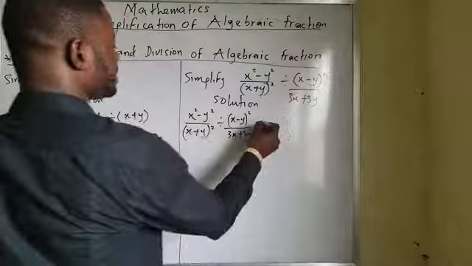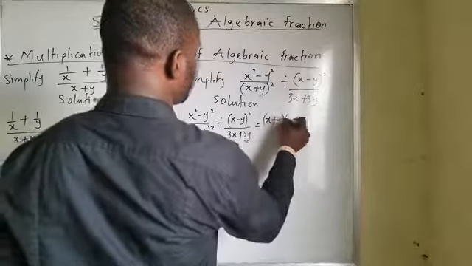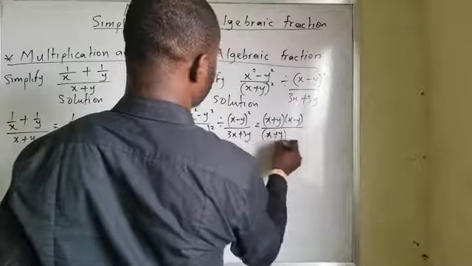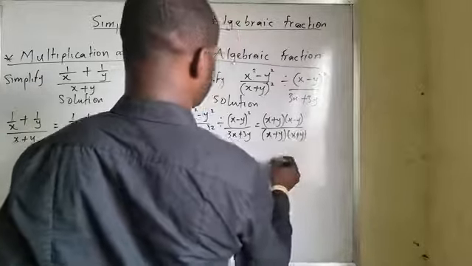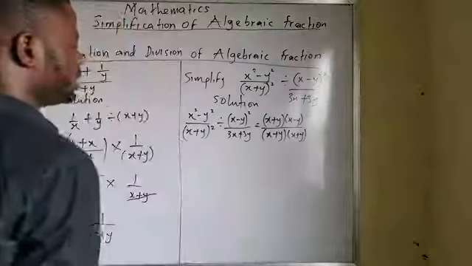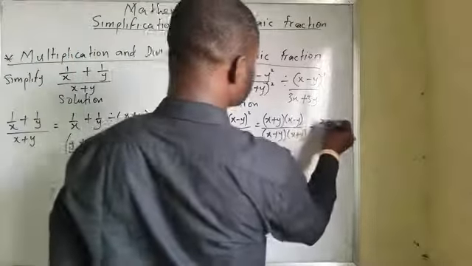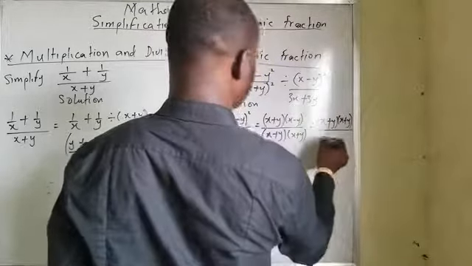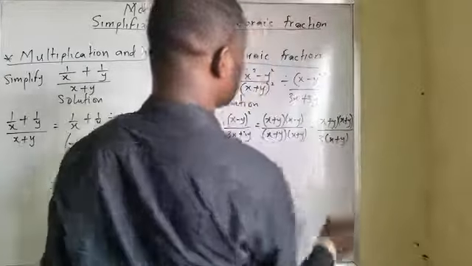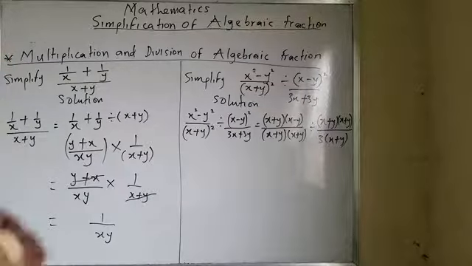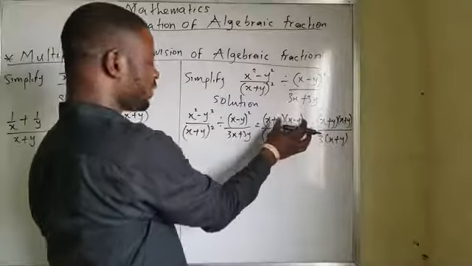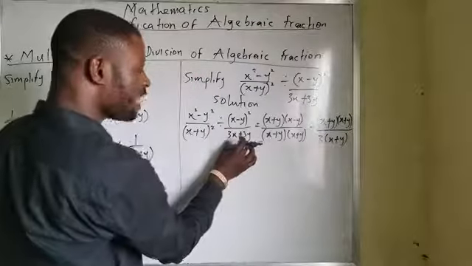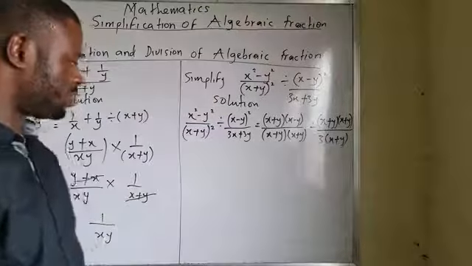Can be written as x plus y, x minus y divided by x plus y, x plus y, divided by, I have x plus y, x plus y. Can you see? Now I'm just trying to expand. This one give me difference of 2 squared. The expansion of this give me this. This also give me double of this. And I factor out 3 from here, which I have it for what I need to do.